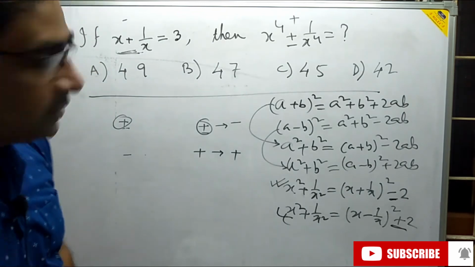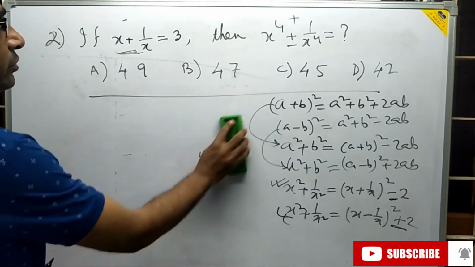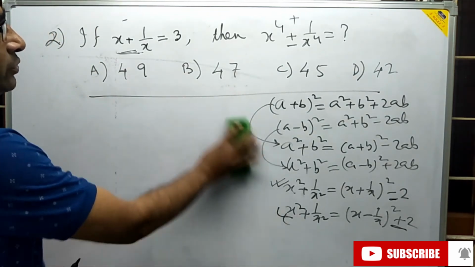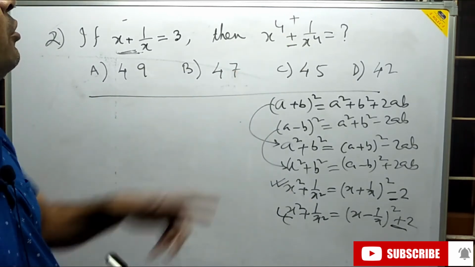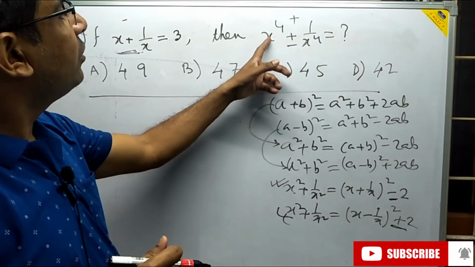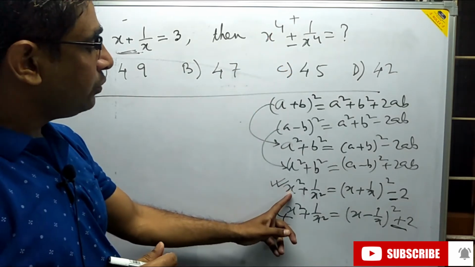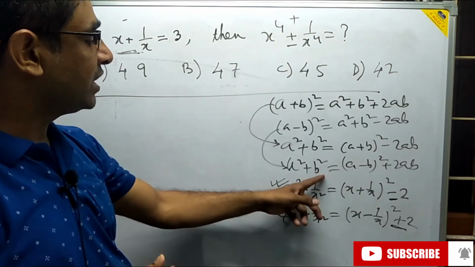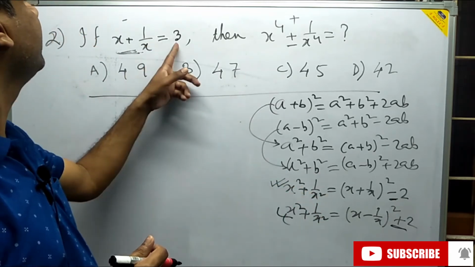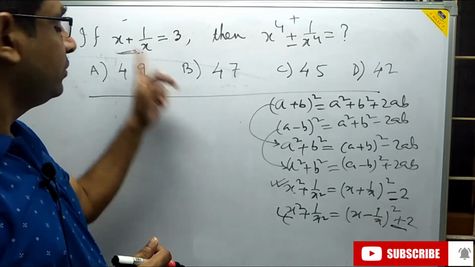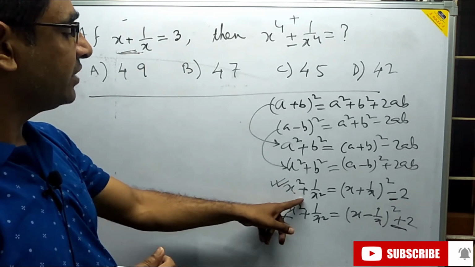To find x to the power 4 plus 1 upon x to the power 4, we don't have any formula for this one. To find this one, we have to first find x square plus 1 upon x square. X square plus 1 upon x square is not given, x plus 1 by x is given. So from this value, first find x square plus 1 by x square.